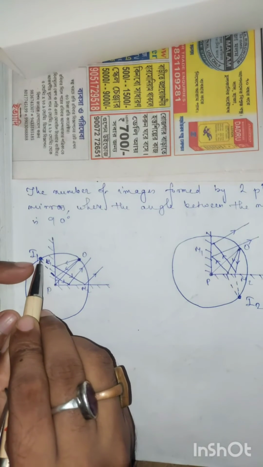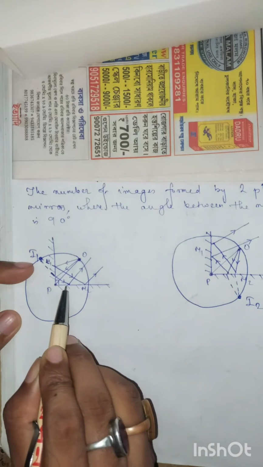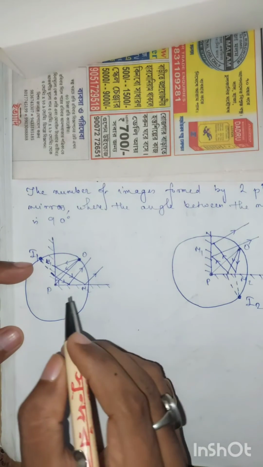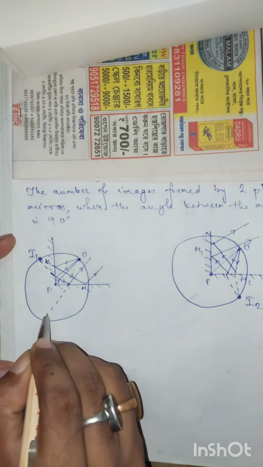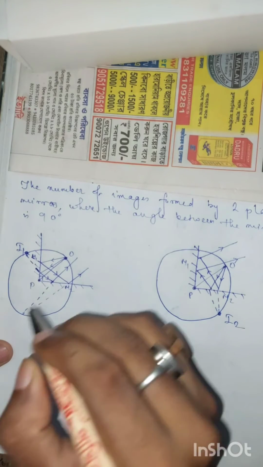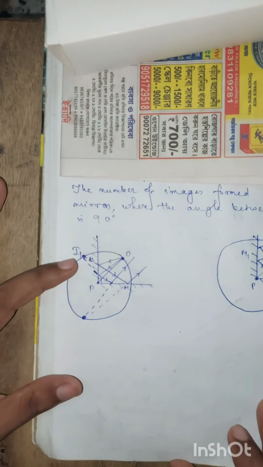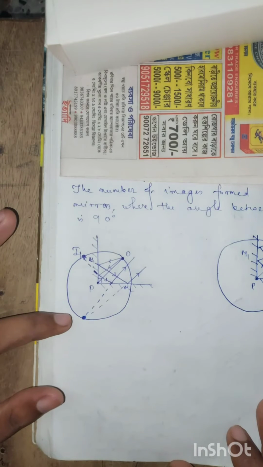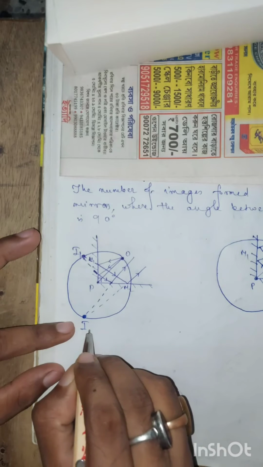So light rays are coming from I1 getting reflected by mirror 2. So if we drag these rays backwards, they will meet at a certain point on the circumference. Okay, so image of I1 will be formed. Let me call it I3.